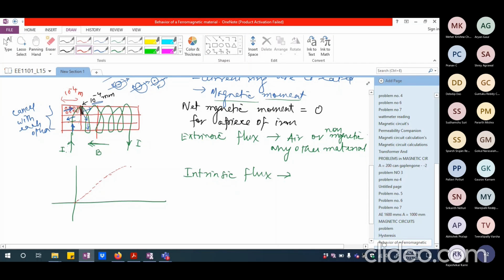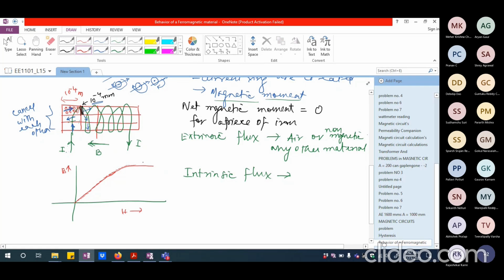But beyond a particular point, all these magnetic moments have been aligned, so hardly any more increase in the flux is seen. Once all the magnetic moments are aligned along with the extrinsic flux, you hardly see any increase in flux density anymore. It reaches the maximum value and that's it. There cannot be any more increase.